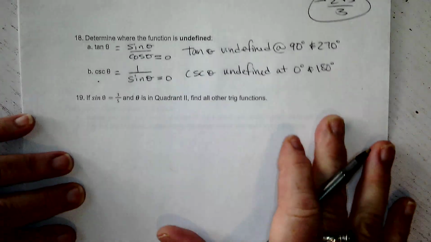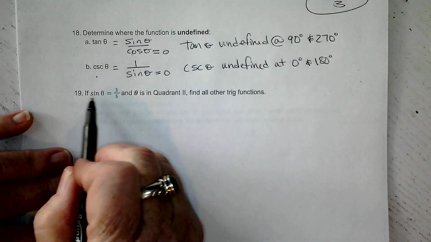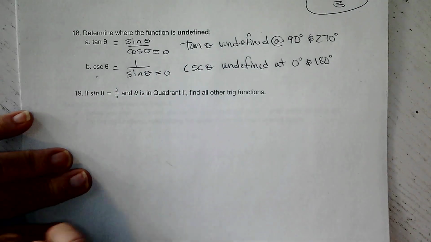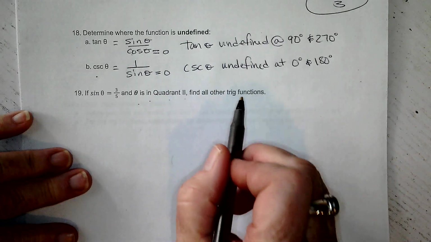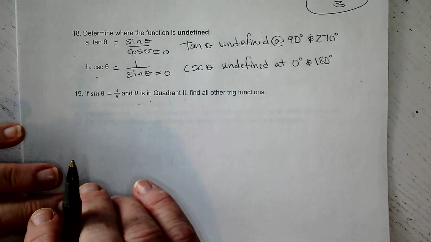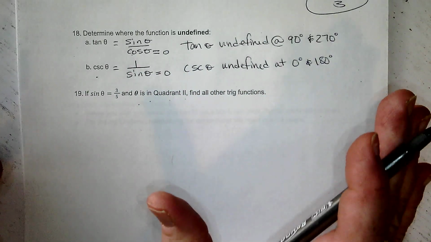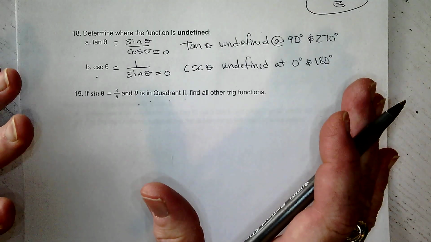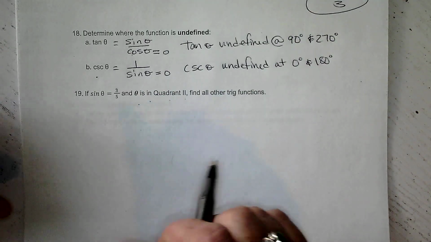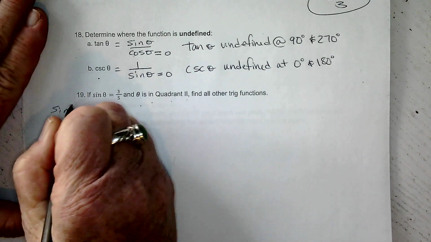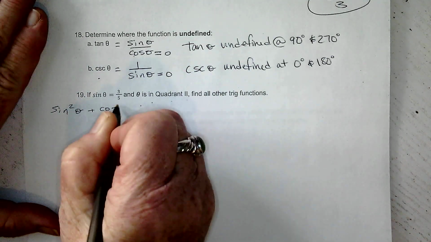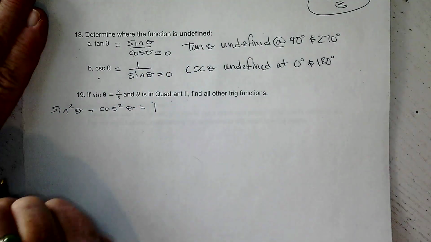Okay, there we go. Next, if sine of theta is 3/5 and theta is in quadrant 2, find all other trig functions. Well, there's one way I like to do this, and that is using the Pythagorean identity. Remember sine squared theta plus cosine squared theta is equal to 1.